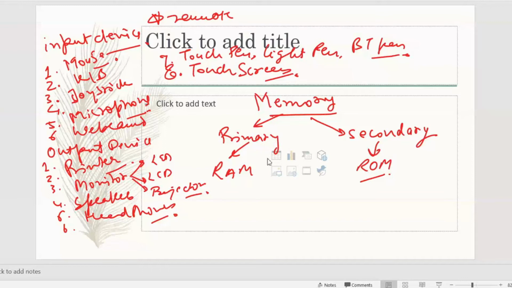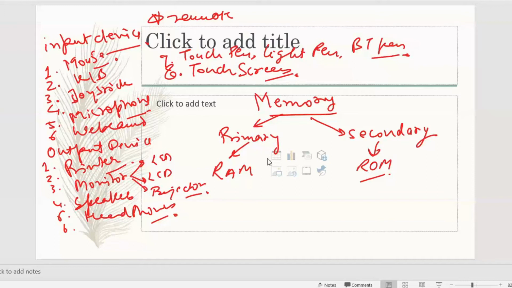चलो नेक्स्ट, RAMs are basically of 2 types, SRAM and DRAM. SRAM stands for static RAM and D stands for dynamic. Good. And ROM are of how many types?